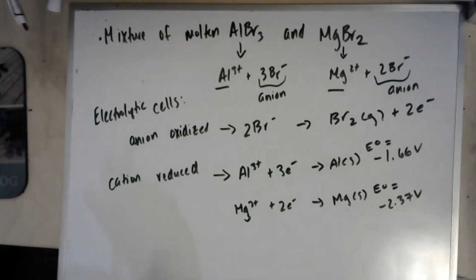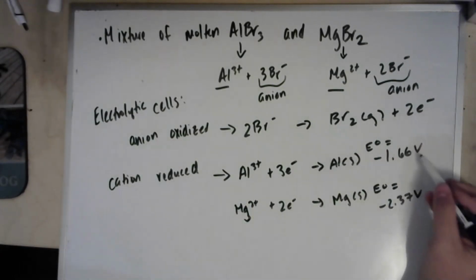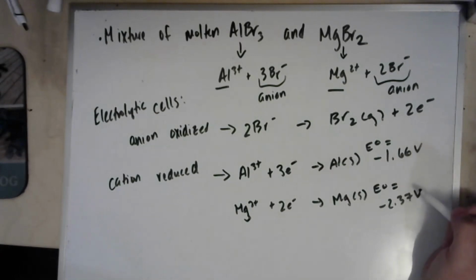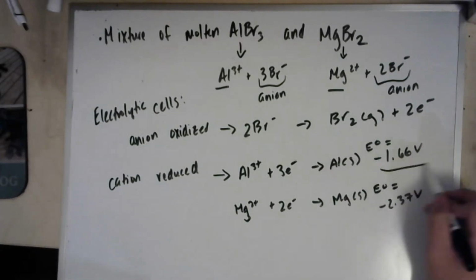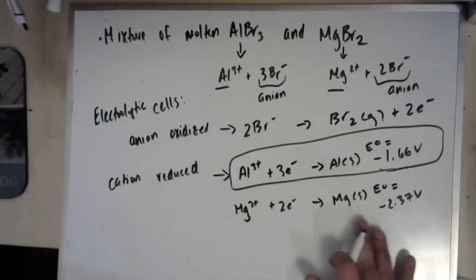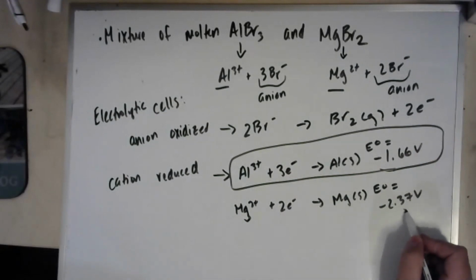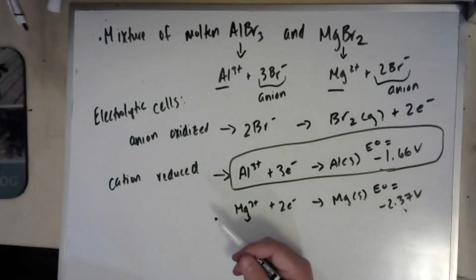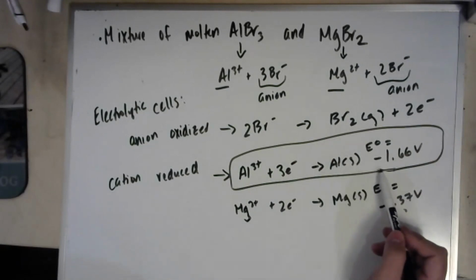Like we said right at the beginning of this whole recording, the more positive of these two values is the more likely to be reduced. So this is the reduction reaction that's going to occur. For magnesium, the reduction potential is too negative for it to occur. The aluminum is going to occur first, so this is what's going to be going on at your cathode.